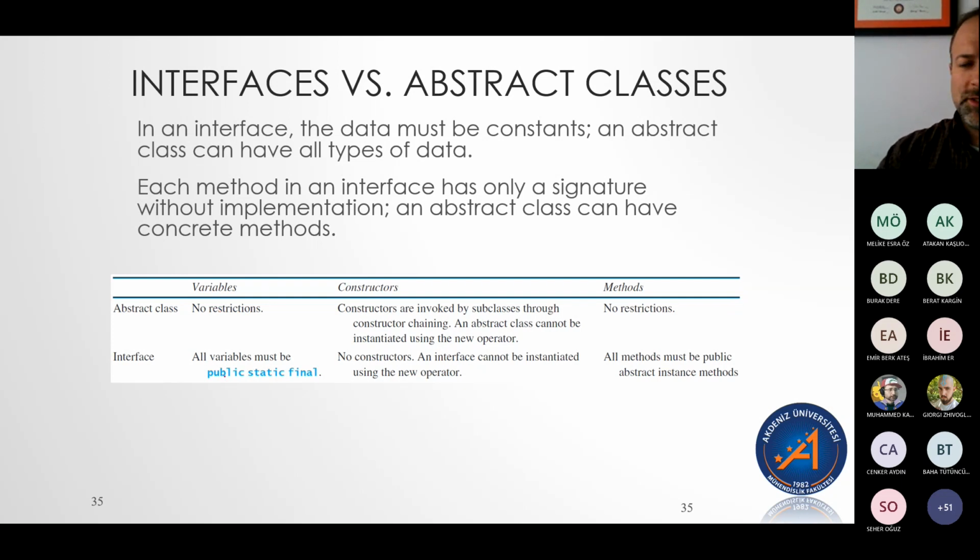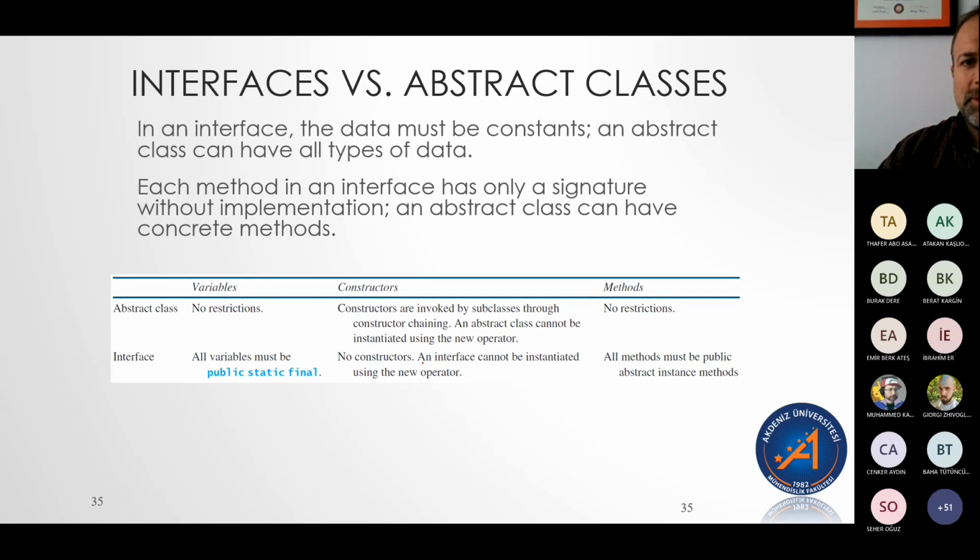In interfaces, all variables are constants: public, static, final. An abstract class can have a constructor, but it cannot be created using the new operator. So even though an abstract class has a constructor, we cannot create an object of that type; we can only have a reference variable that points to an object of that type. An interface has no constructors.